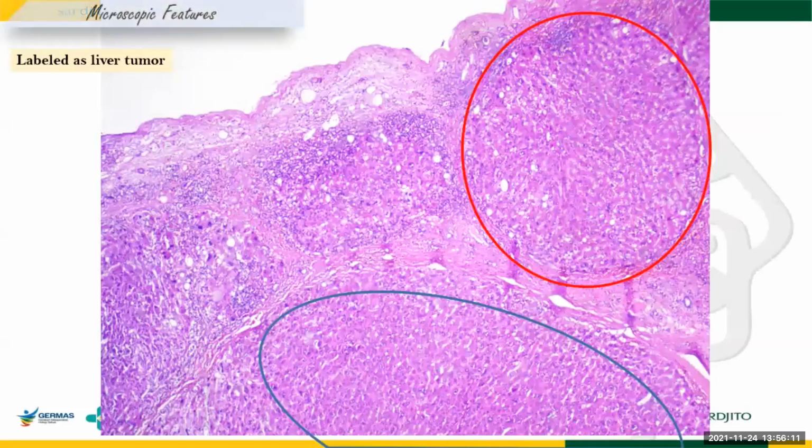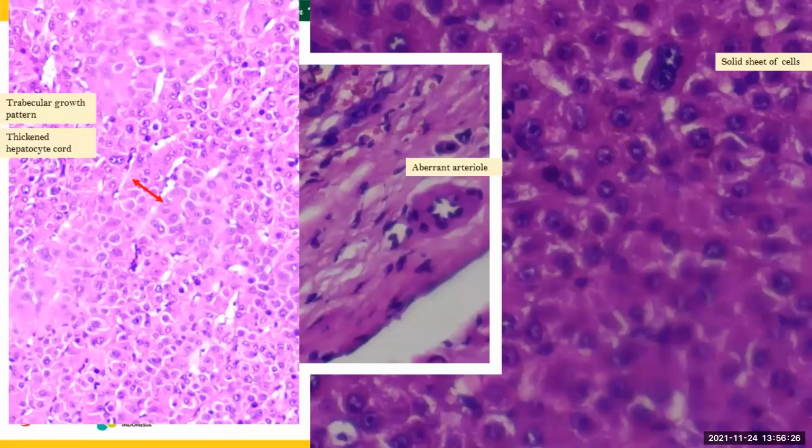Okay. So this is a typical case of hepatocellular carcinoma. We see the tumor, and also we can see the chronic hepatitis inflammation, interface hepatitis, and there is a trabecular growth pattern with thickened cells, and also it is very atypical with coarse nuclei and prominent nucleoli.